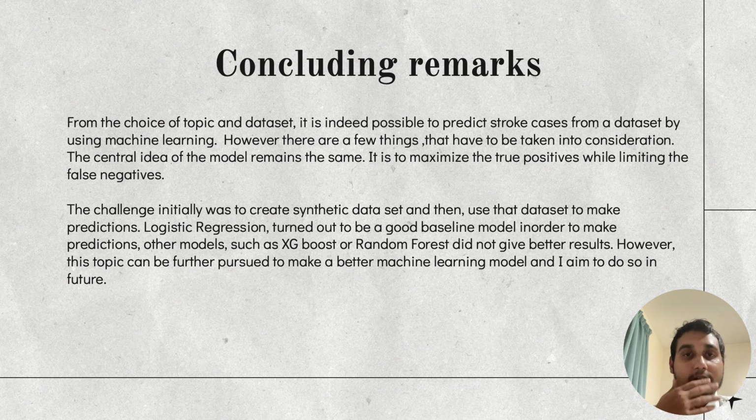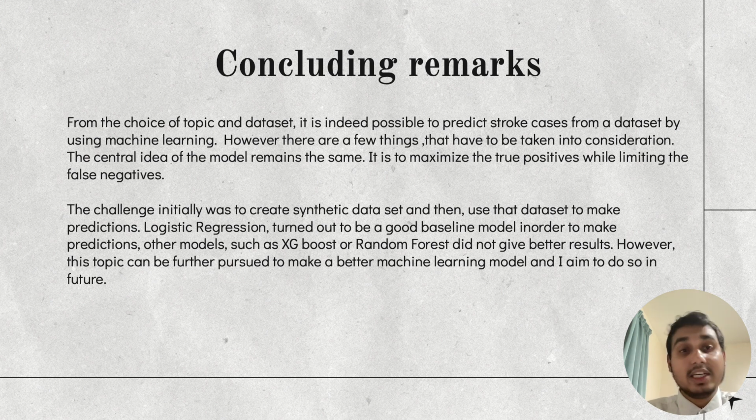For my conclusion, I would say that logistic regression does a good job in catching people who could potentially suffer from a stroke. It does a remarkable job of taking all those variables and making a binary prediction based on them. We could also use other supervised algorithms such as XGBoost or random forest, but they did not yield better results.